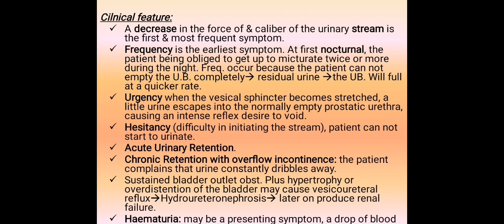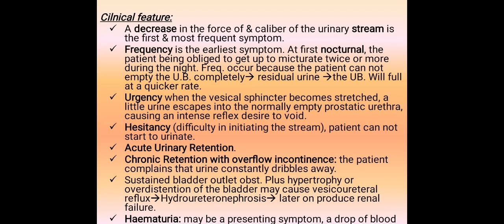The normal frequency at daytime is less than 8 times, that is 7 times or less in the daytime. And for adults aged more than 30 years, nocturnal frequency should be less than 2 times at night, يعني مرة واحدة أو أقل.